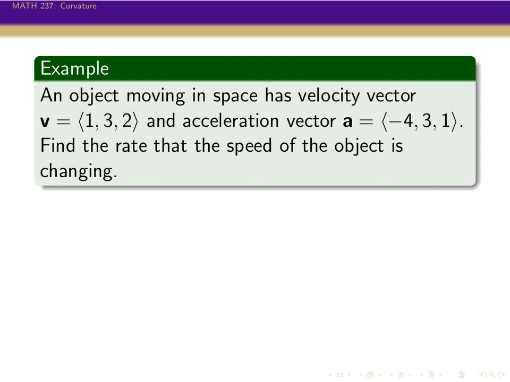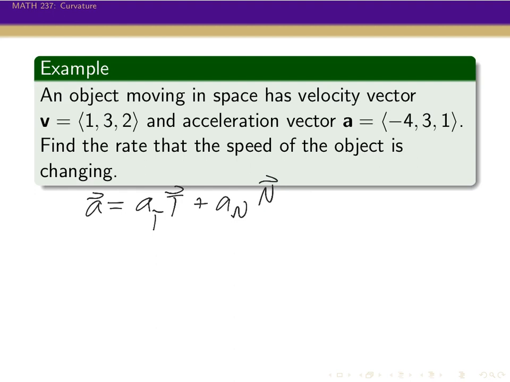So we're given here an object moving in space, with velocity vector <1, 3, 2> and acceleration vector <-4, 3, 1>, and we want to find the rate that the speed of the object is changing. Okay, well, we know that the acceleration vector is going to be a_T times the unit tangent plus a_N times the unit normal.